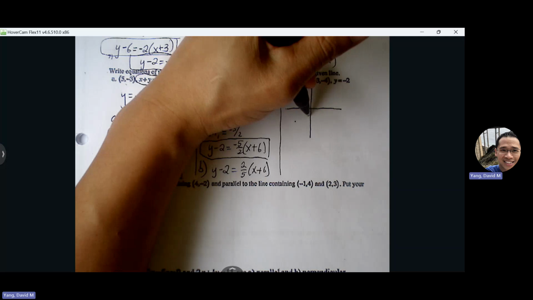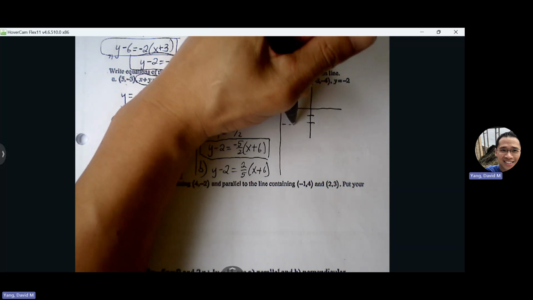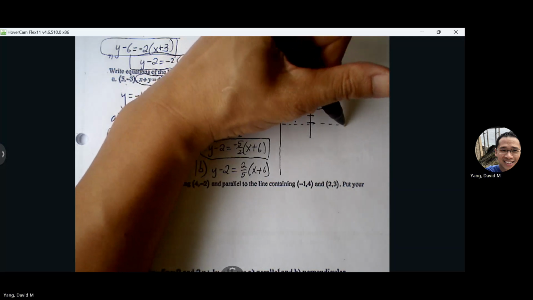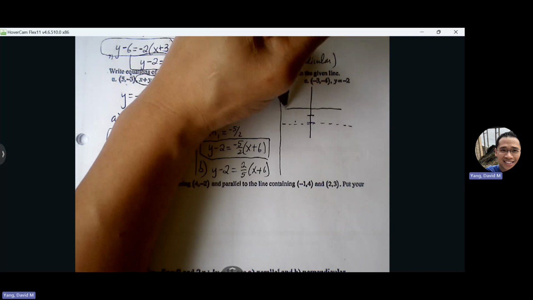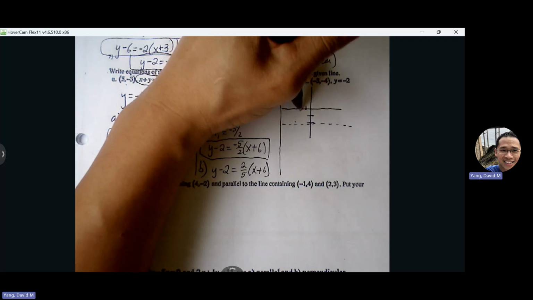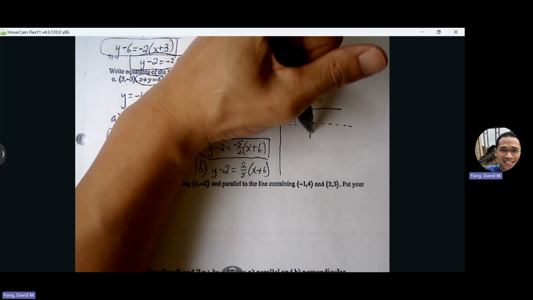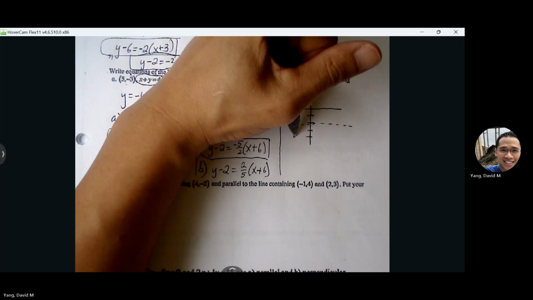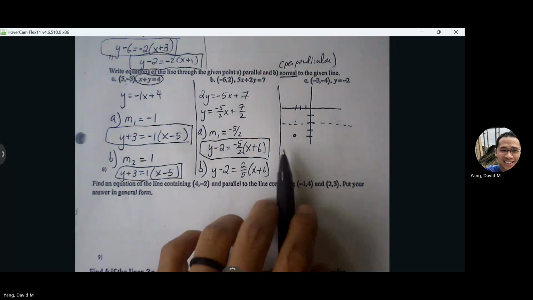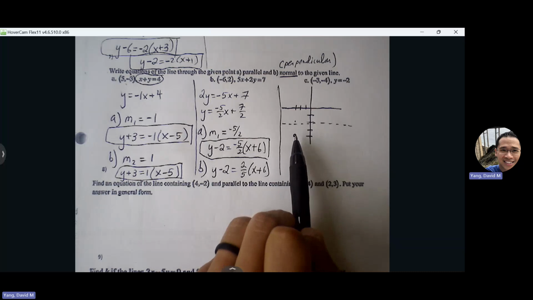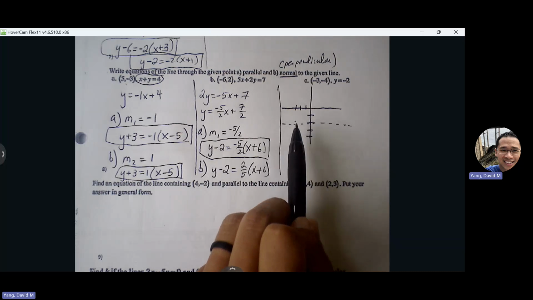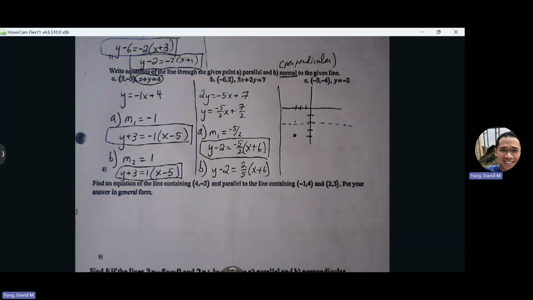A horizontal line, right? So here's the line. -3, -4 is over here. I want a line that goes through this point that is parallel to this line.